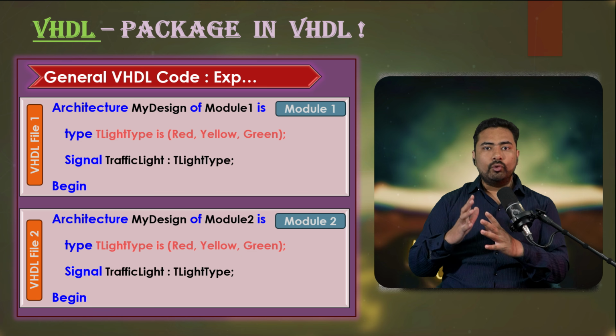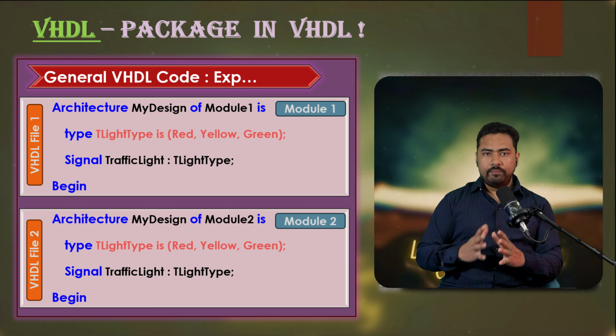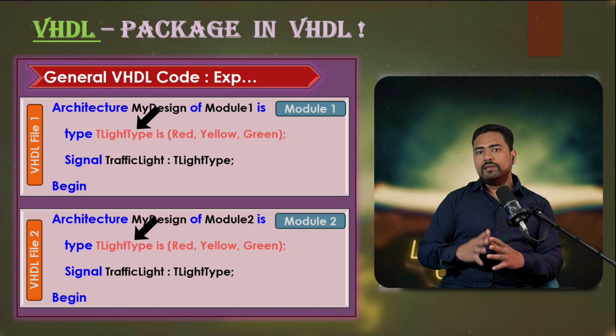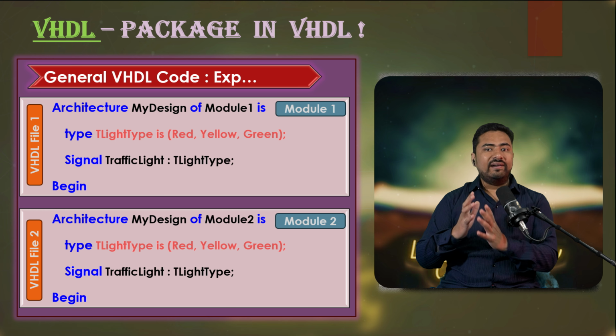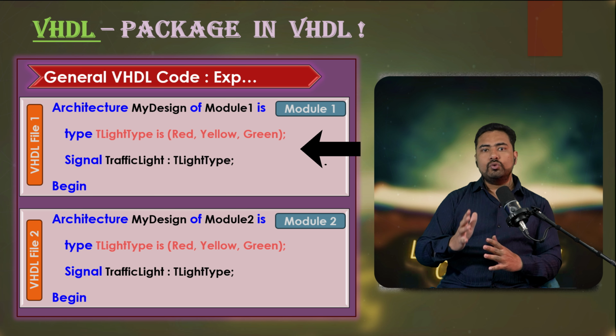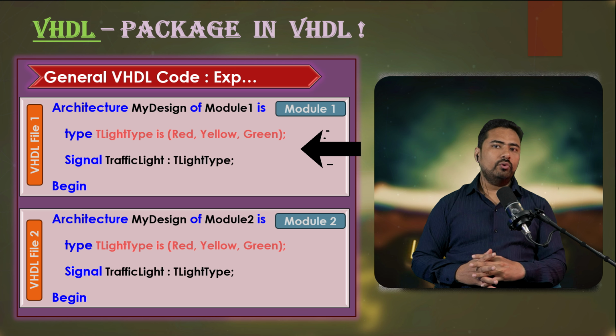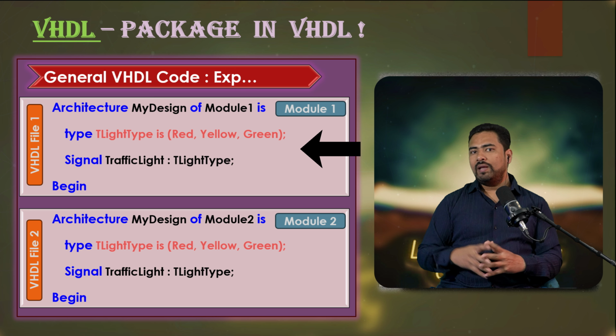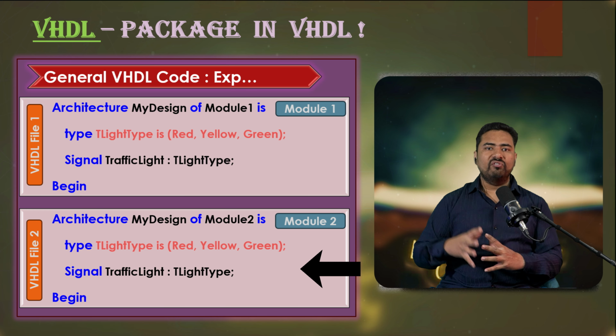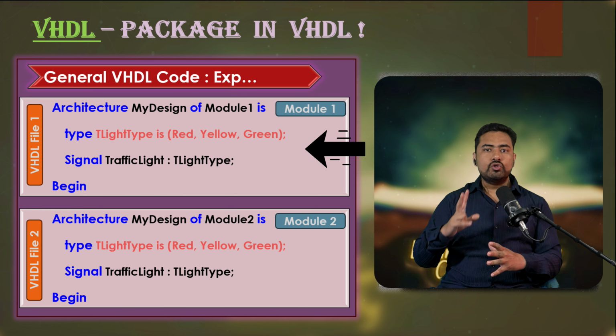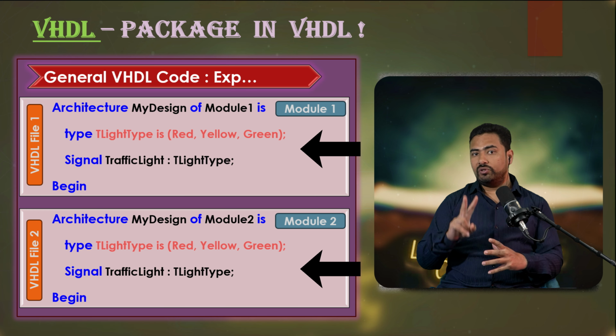Now suppose I want to use this custom data type, T_light_type, to create the necessary signals for my designs. And I need to use my traffic light data type in two separate VHDL files. In this example, the first code is in the top VHDL file and the second code is in the bottom VHDL file. So we have two different VHDL files for two different projects.